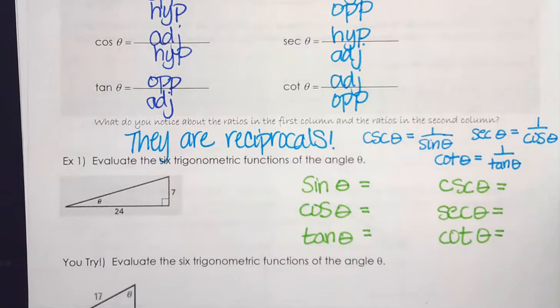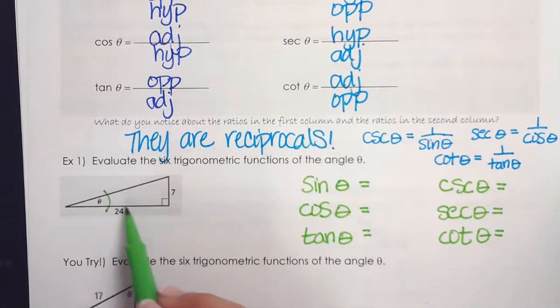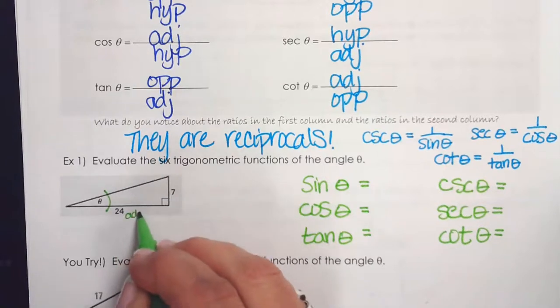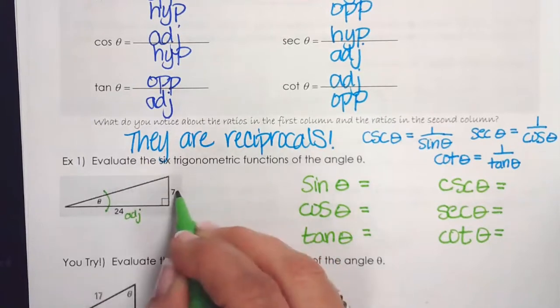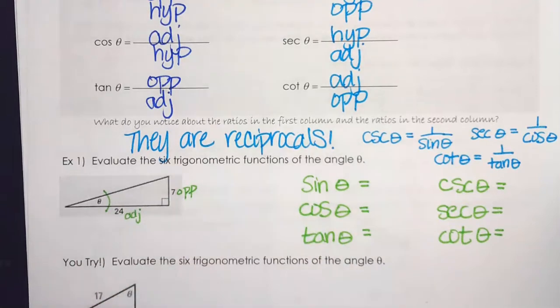Which one of those are we able to find right away without doing any written work? In relation to theta, we have 24, which is the adjacent, and 7, which is the opposite, in relation to the angle marked theta.